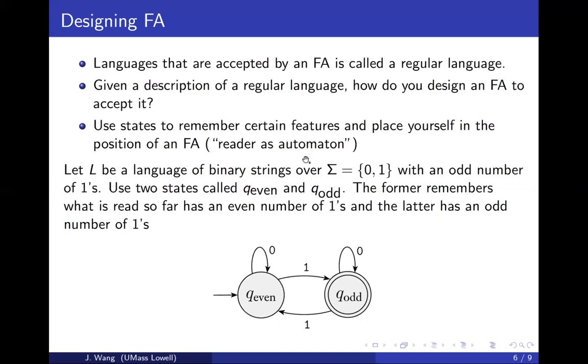Let's think of myself as an automaton. This is probably easier for thinking about things, and I can use the states to memorize certain features, in other words, memorize what status I am in. So now let's use an example to demonstrate this idea.